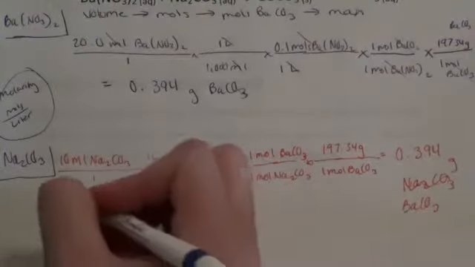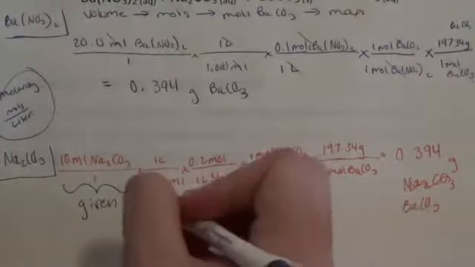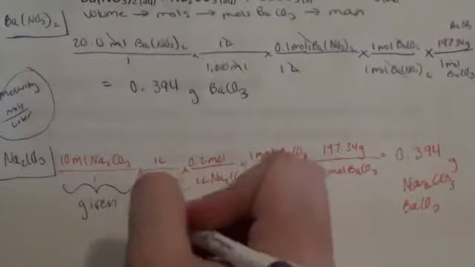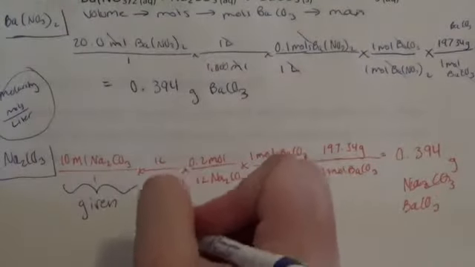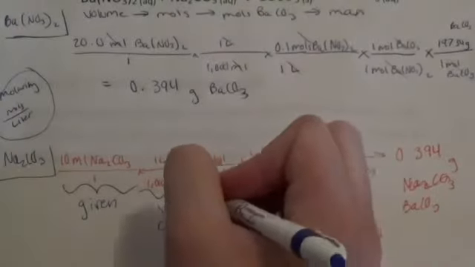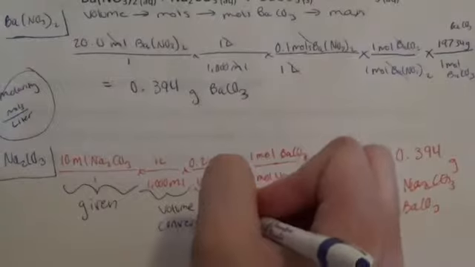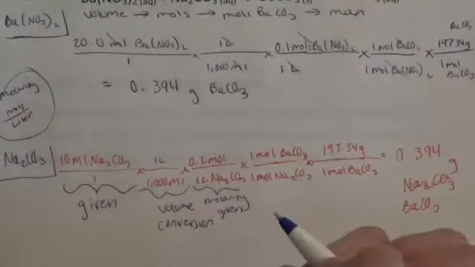So here we've got our given, and this is just a simple volume conversion. This is what we get from the molarity given. So you've got your moles over the liter.